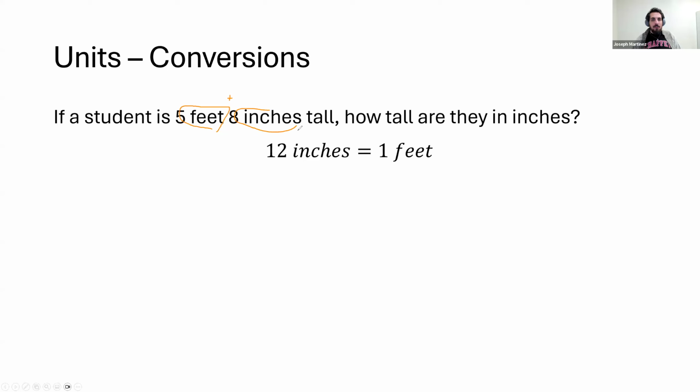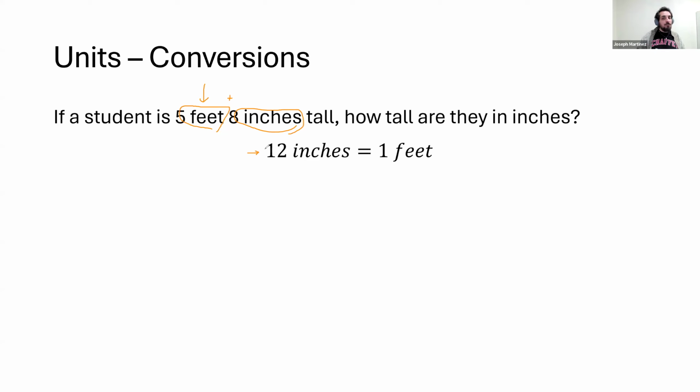So we know we need to convert to inches, but we only have to convert one of these numbers. We only have to convert the 5 feet to inches, right? And once we have that, we'll add it to the 8 inches to get the total height in inches.